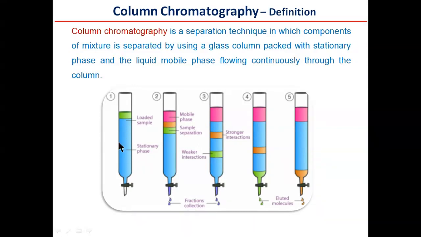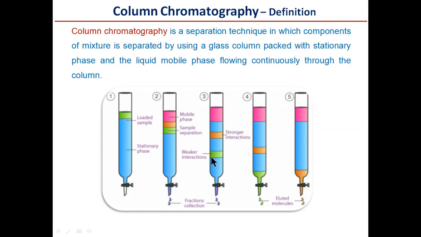Once the column is packed with a stationary phase and the liquid mobile phase flows continuously through the column, what will happen? The mobile phase continuously flows down, and the components of the mixture separate out. Based on the interaction between the mobile phase and the stationary phase, the components of the mixture are separated.